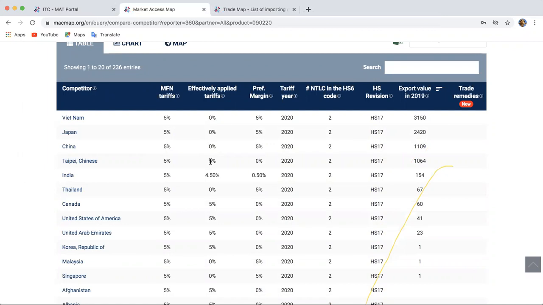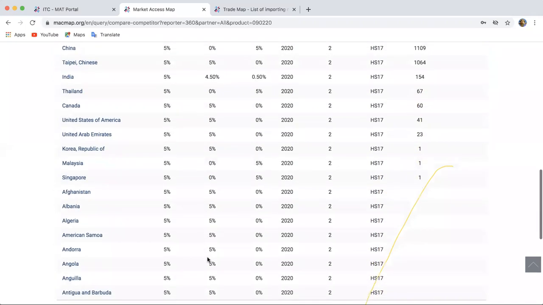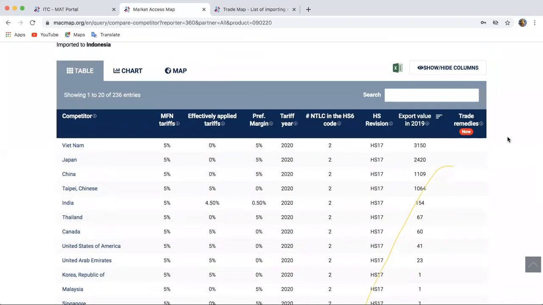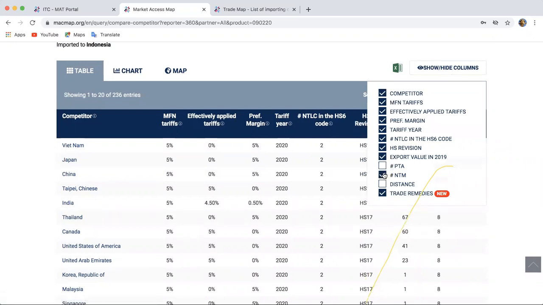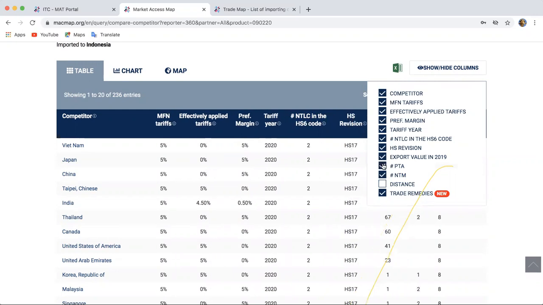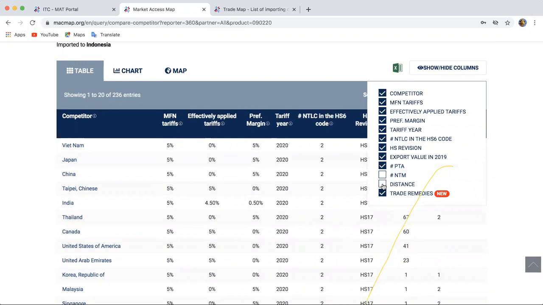But for example, Chinese Taipei does not seem to show the option of a better treatment. So overall, regional options are very good there. You can also add some things if you want to look at how many non-tariff measures are levied in these exporters. But in this case, it's not that interesting because non-tariff measures do not change per exporter.